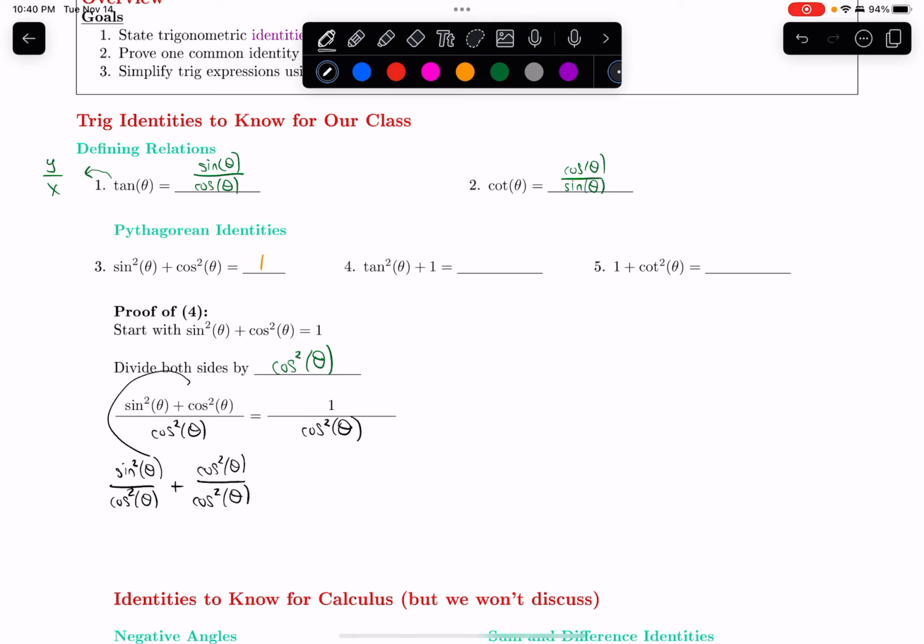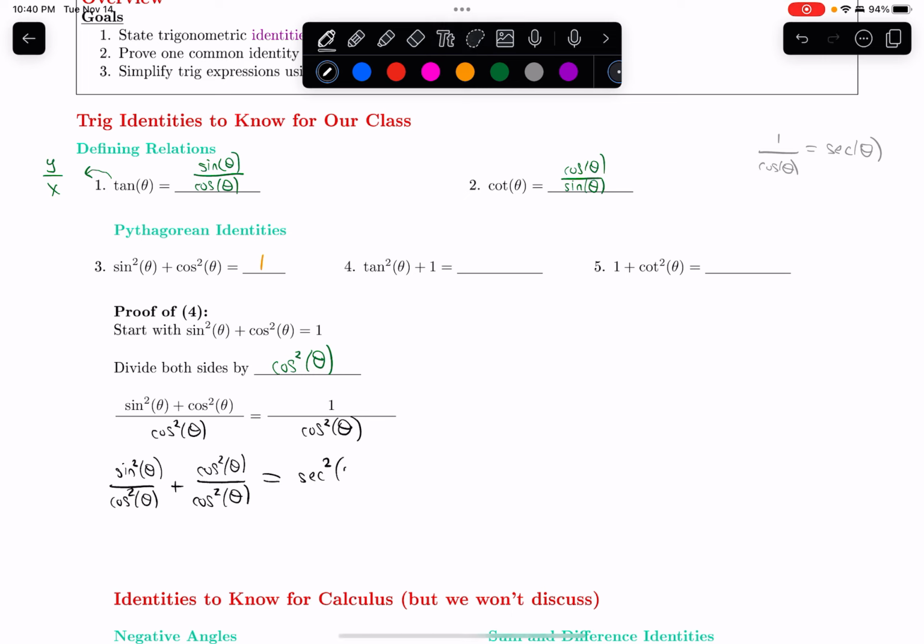So I'm splitting up my fraction into two fractions. And on the right-hand side, I know that 1 over cosine theta equals secant. So 1 over cosine squared theta is going to be secant squared.